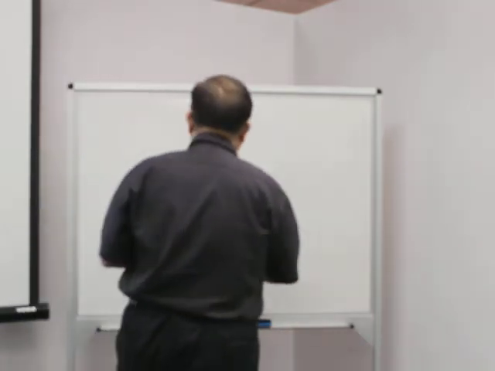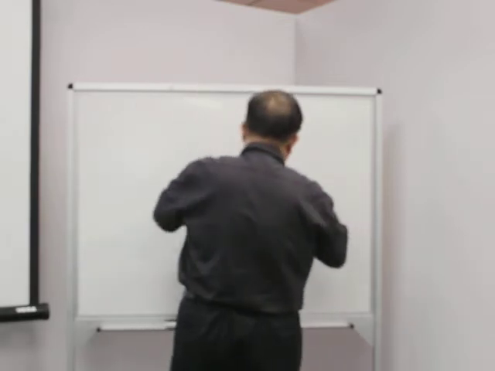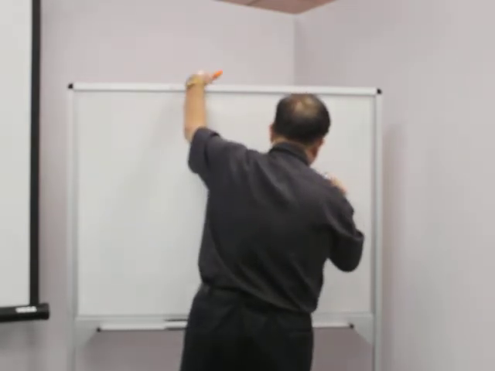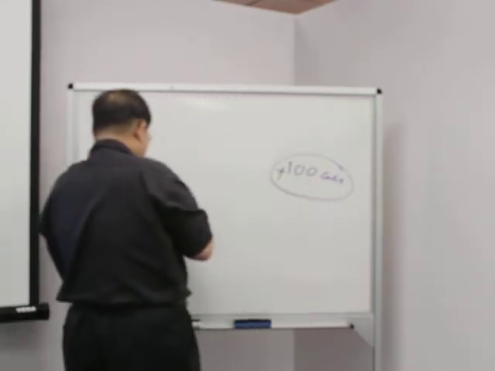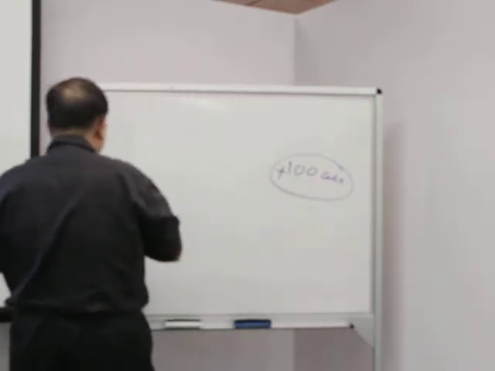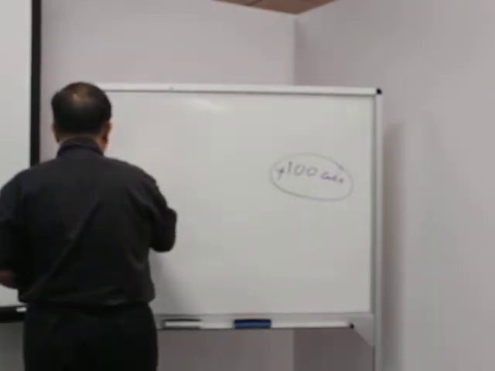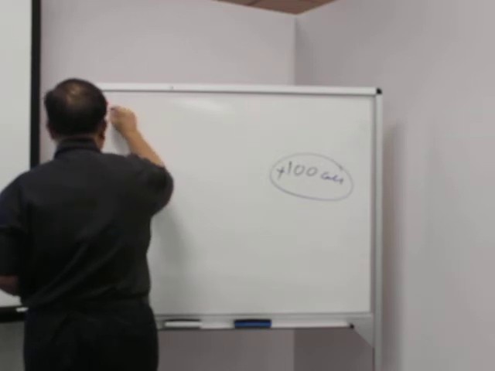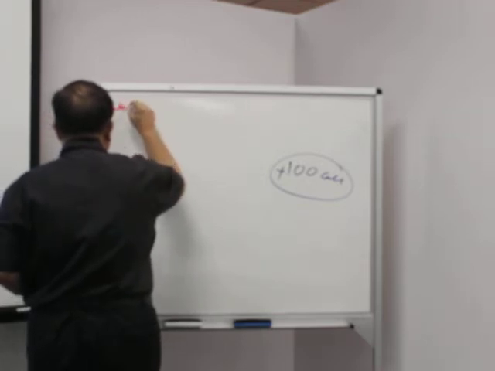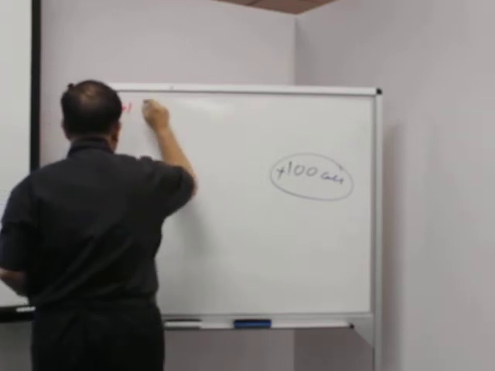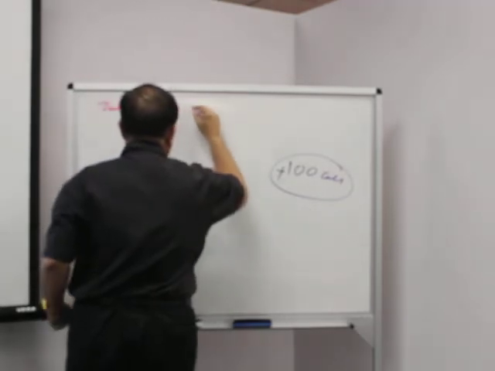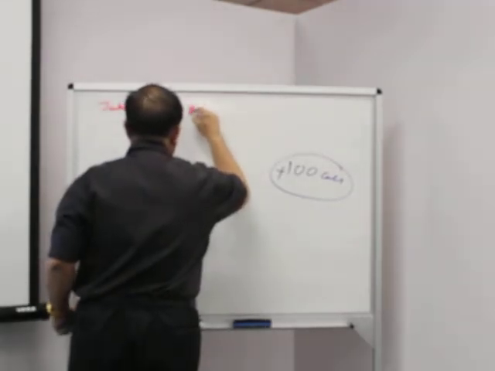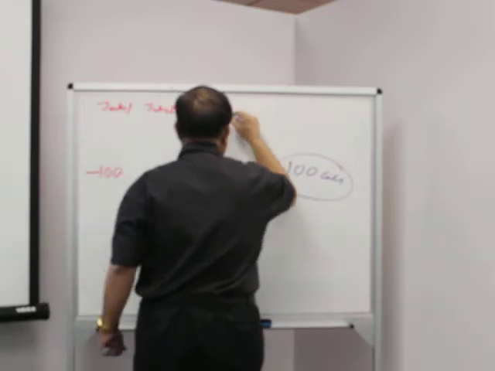So let's say for example, we don't care about the charge here. Let's say you got a 100 call here. This is the plus leg here. You started with a minus 100 call here. Let's say this is July 1st, July 2nd, July 4th.